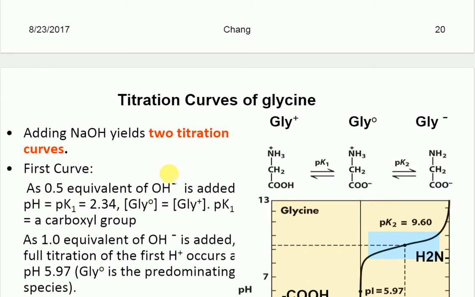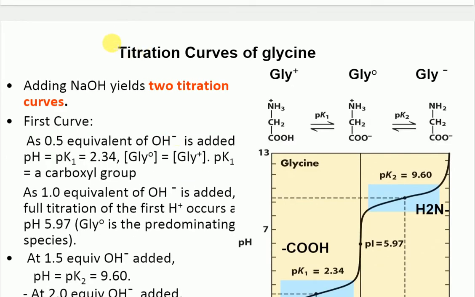Now we're going to be learning about the titration curve of glycine. Adding sodium hydroxide, or strong base, yields two titration curves.